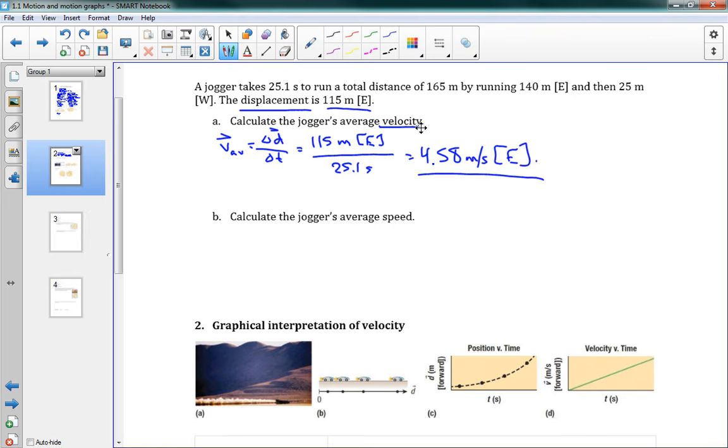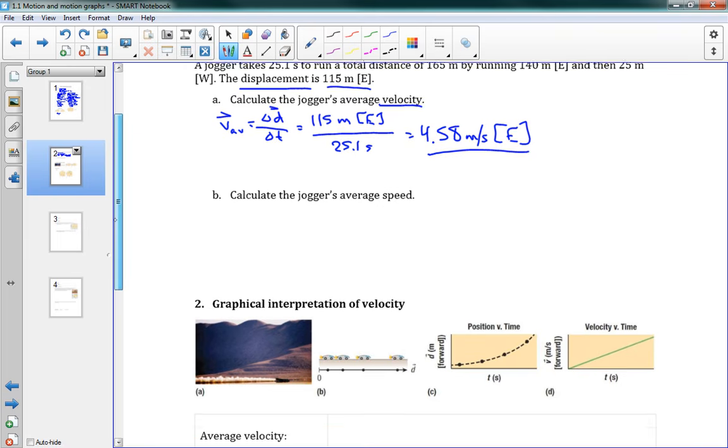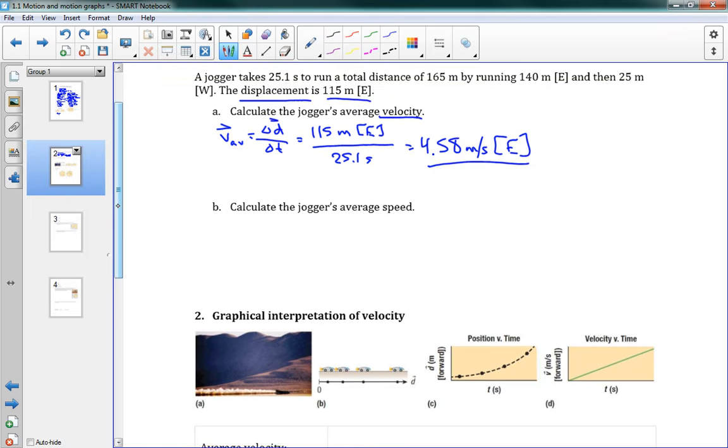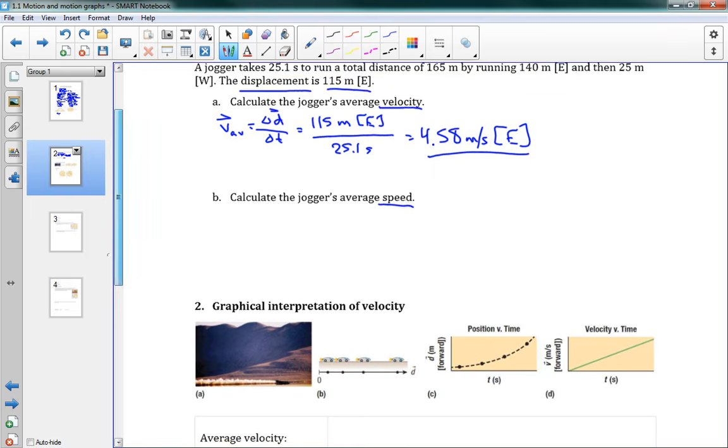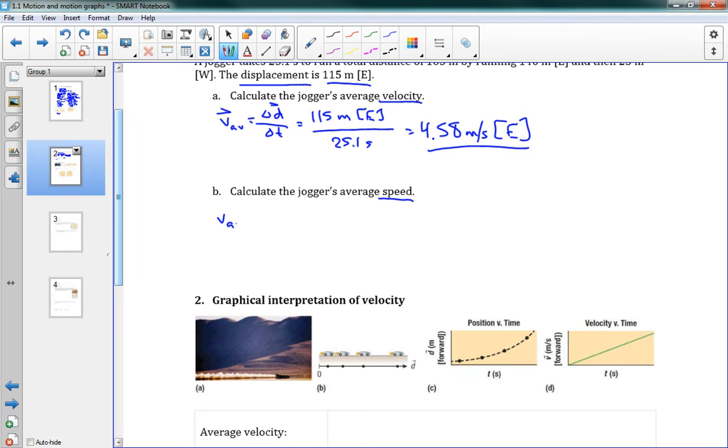And notice that in our problem we had 3 digits here, 3 digits here, so my answer has 3 digits. I'm making sure to follow the significant digits there. Okay, great. So there's our answer. Now it says calculate the jogger's average speed. Notice speed is a scalar, so we have v average.